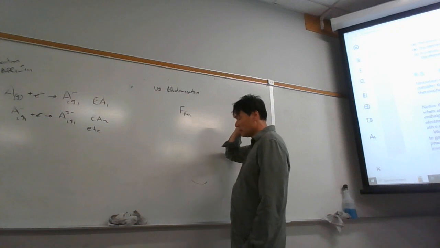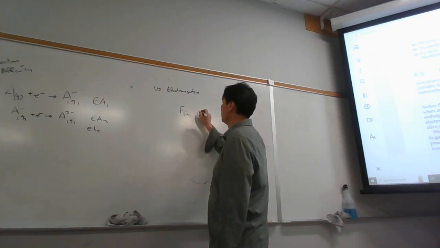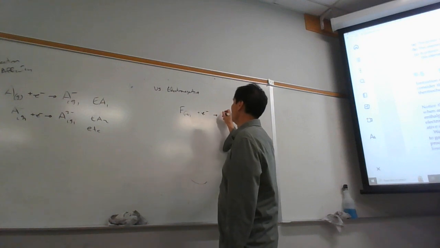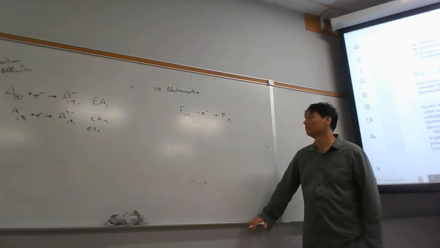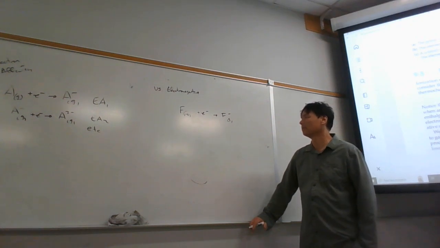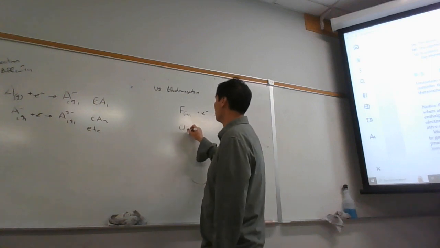So if we take a gaseous atom, so this will be atomic fluorine, not diatomic, so we'd have to break the bond. And then we give it an electron, we'd form fluoride. Well, fluoride's very stable. Does chlorine have lower or higher electronegativity?